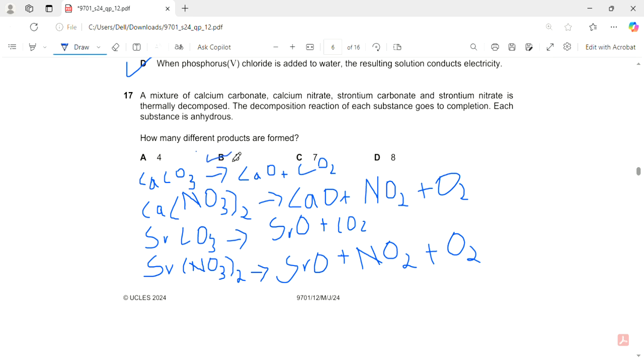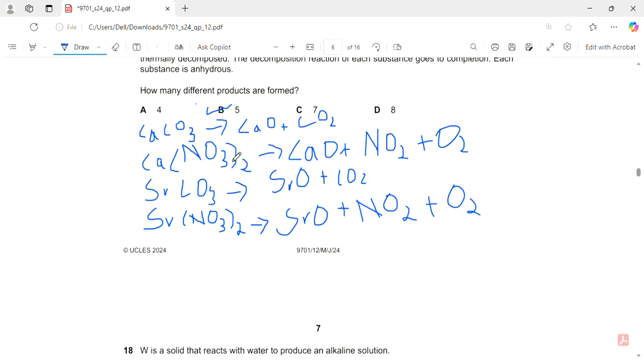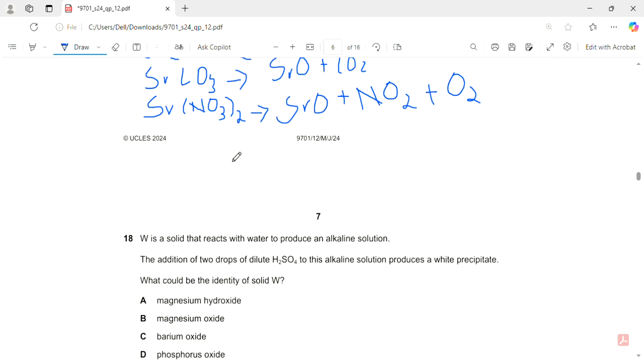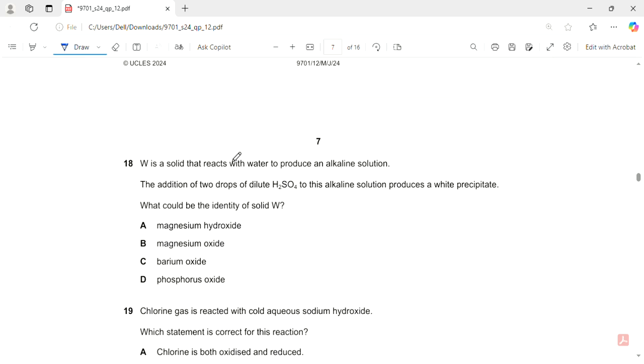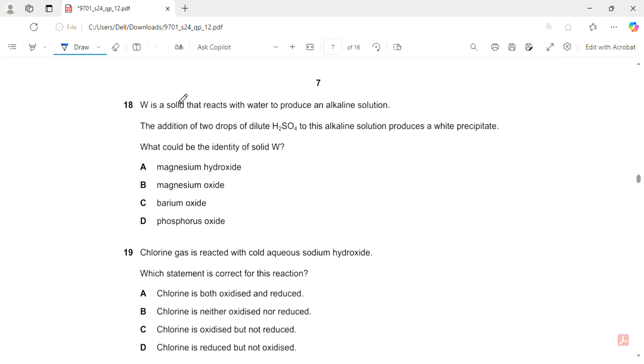So move to the next part of the question. W is a solid that reacts with the water to produce an alkaline solution. The addition of two drops of dilute sulfuric acid to this alkaline solution produces a white precipitate. What could be the identity of the solid W?